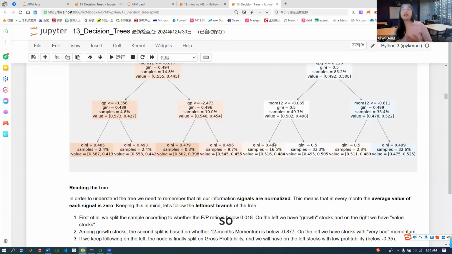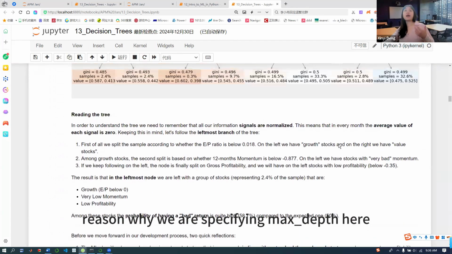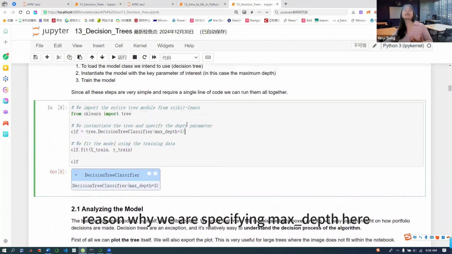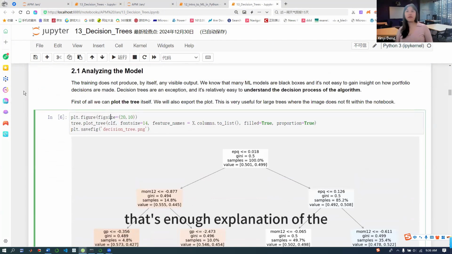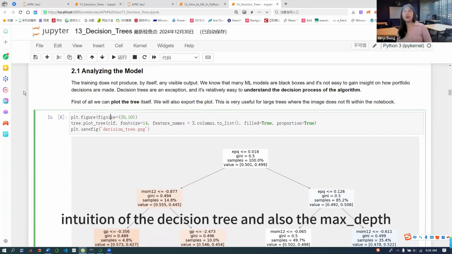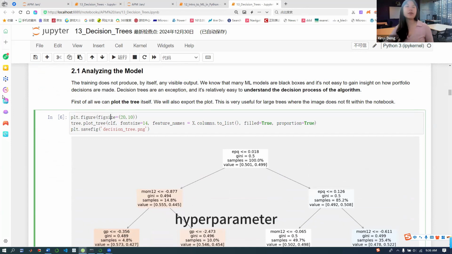So that's the whole reason why we are specifying max steps here. Now that's enough explanation of the intuition of the decision tree and also the max steps hyperparameter.